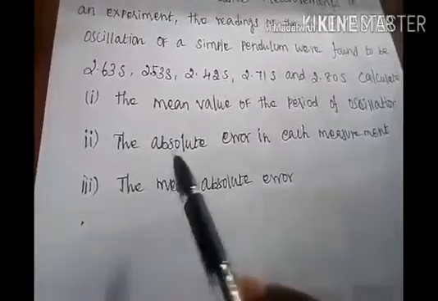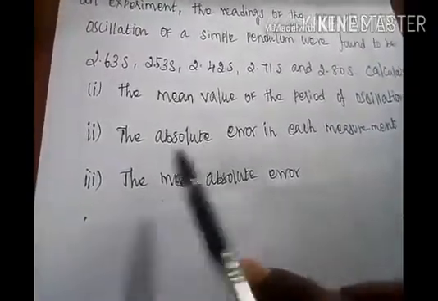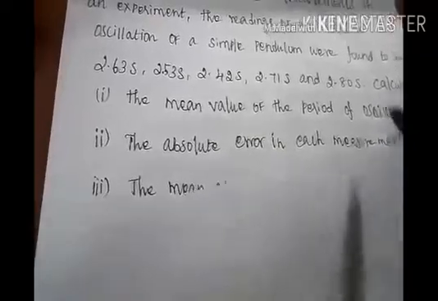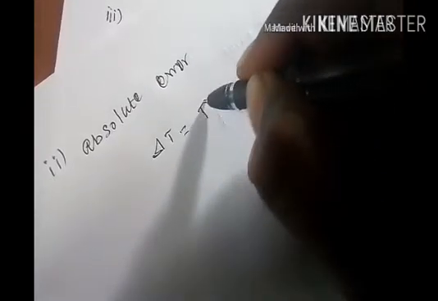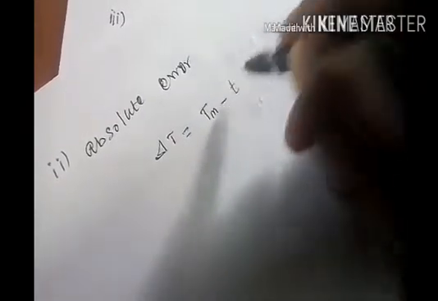Next we go for the second part, the absolute error in each measurement. The absolute error formula is delta t equal to Tm minus t. First let us find delta t1.